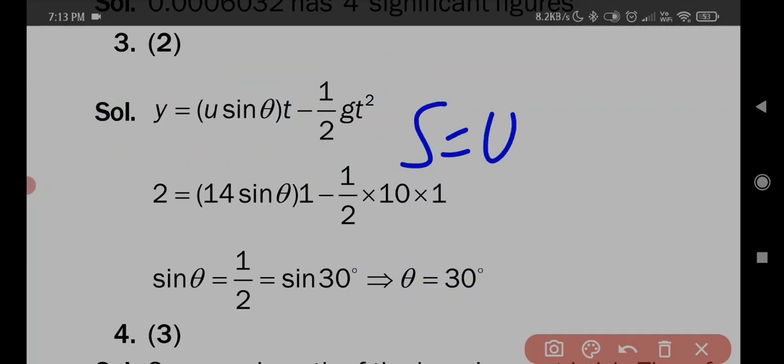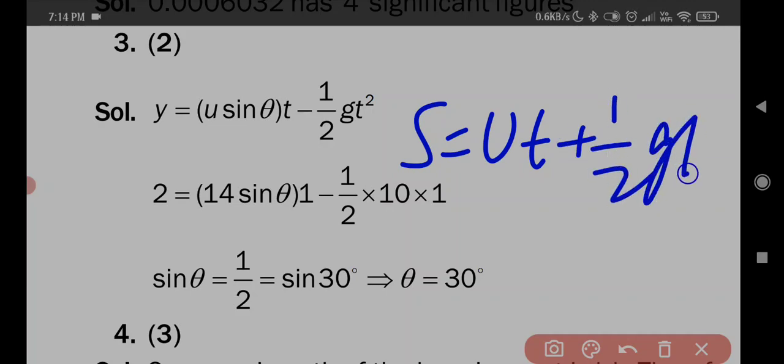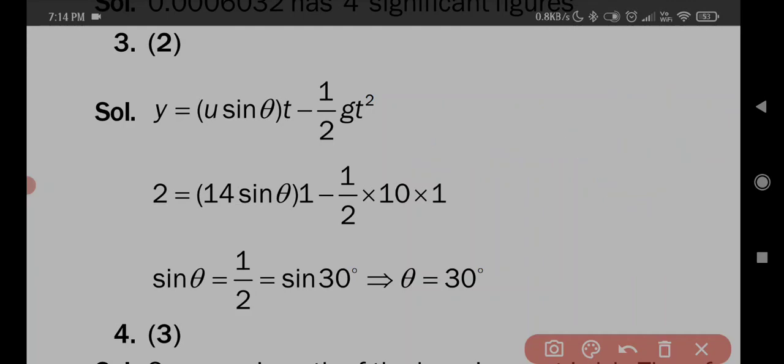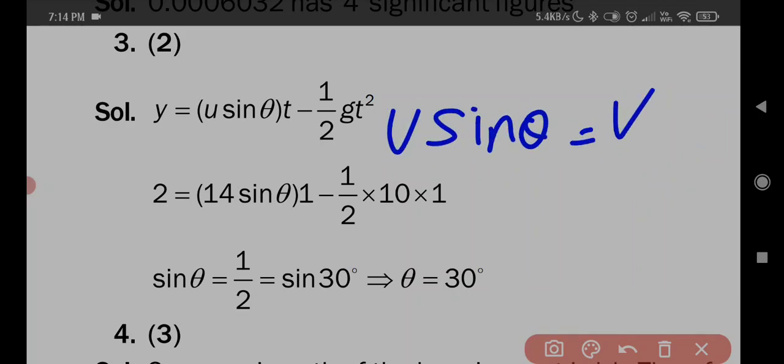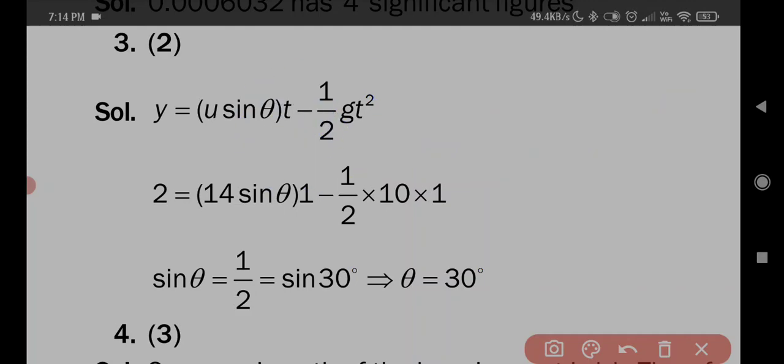S is equal to ut plus half at square. Since it is going up, we'll take it minus, and we have to take the vertical velocity, so it will become u sine theta, and half g t square with a minus because it is going up. So it's saying height is 2.